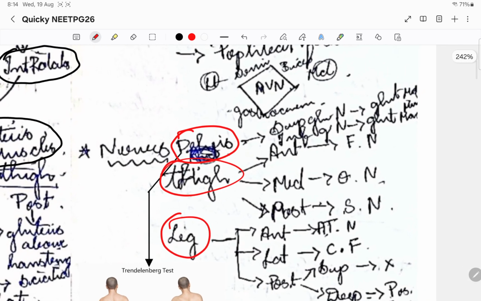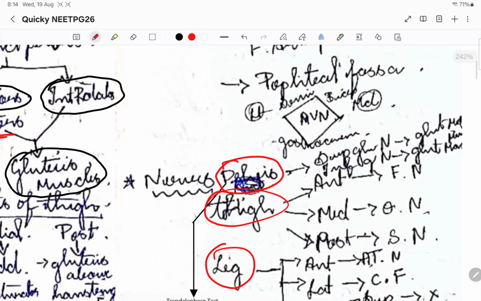In the pelvis, as I told you, we have the major nerve, the sciatic nerve, which starts from there, but it doesn't have any supply in the pelvis.